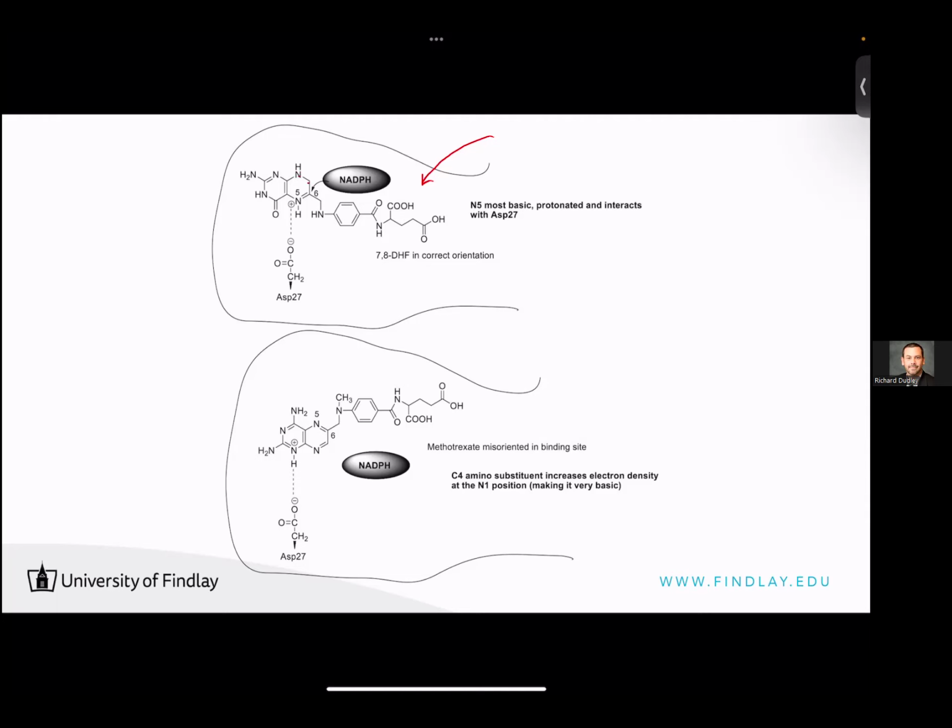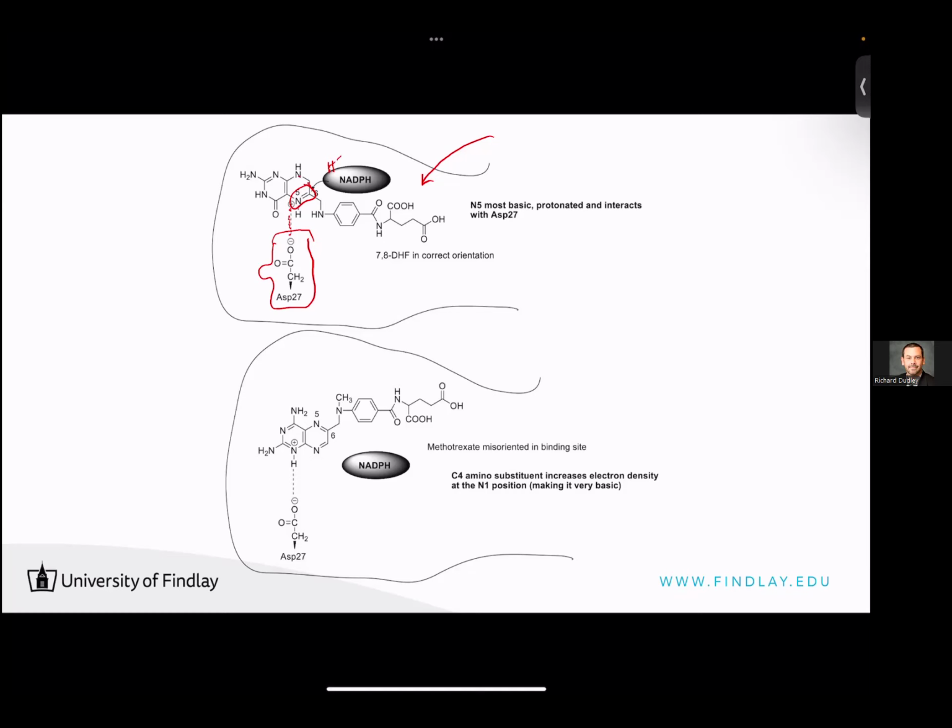When it's bound, as shown on the screen, it is properly aligned such that NADPH can add hydrides across the double bond between the 5 and the 6 position and reduce that double bond to afford you tetrahydrofolate. There's an aspartic acid residue in the enzyme active site, aspartic acid 27, establishing an important ionic interaction with the nitrogen at the 5 position in the tyrosine ring.